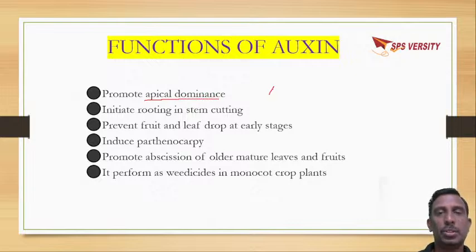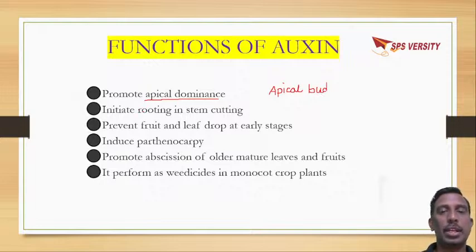Due to presence of the apical bud, the axillary bud growth is inhibited. It is called apical dominance. Due to this, the plant will grow taller. To make this shorter, what gardeners will do is they will cut this apical bud.